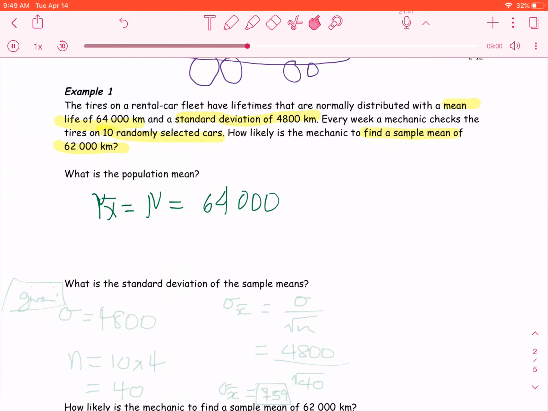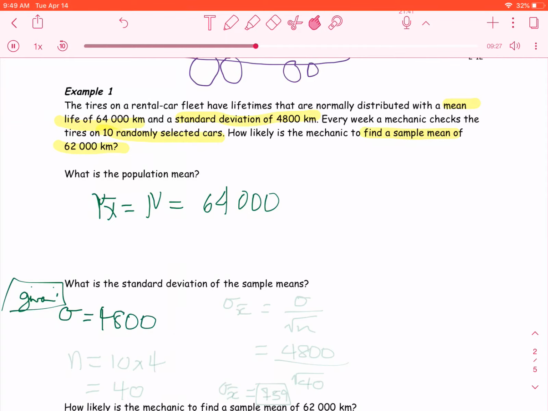Now for our next question, what is the standard deviation of the sample means? They say that the standard deviation is 4,800 kilometers. I'll just write this in our given. Our standard deviation is 4,800 kilometers.